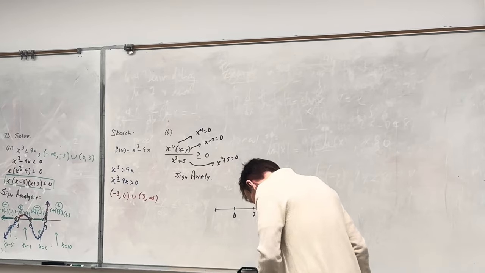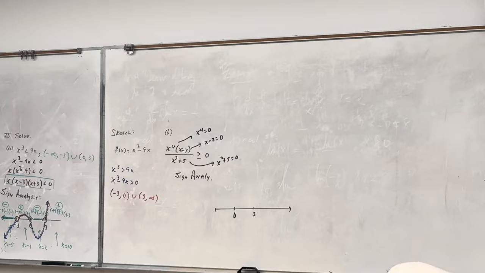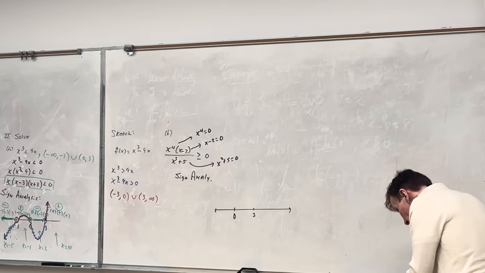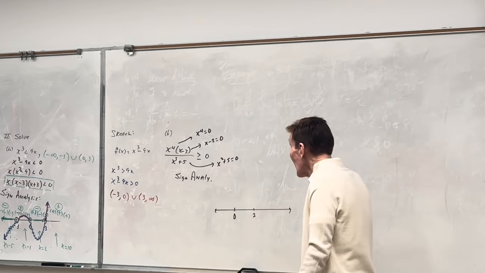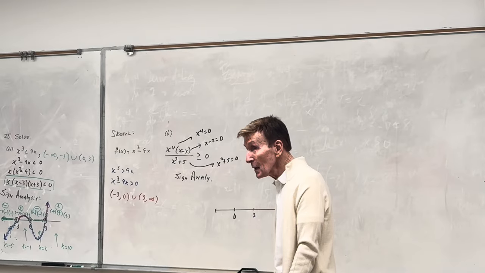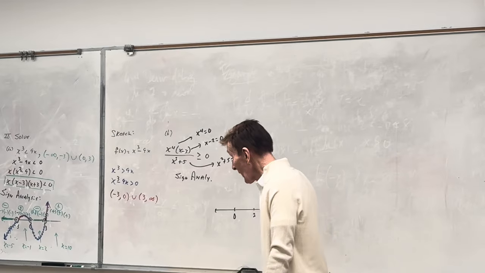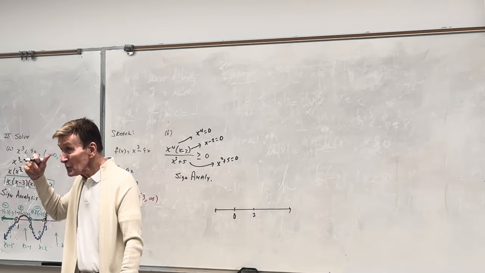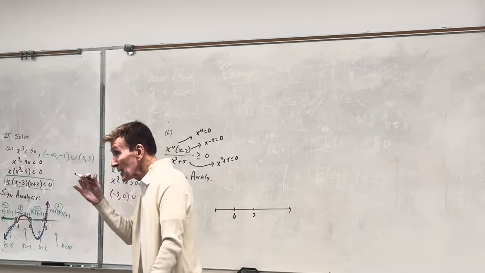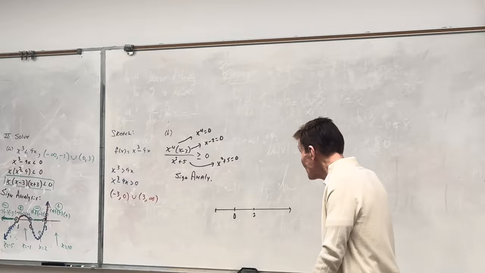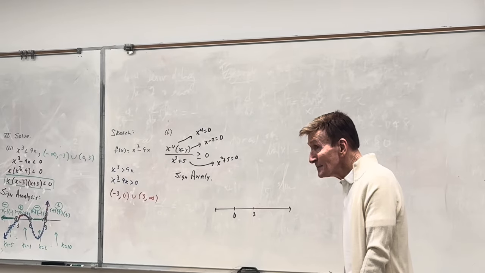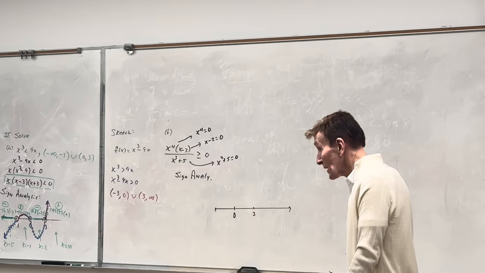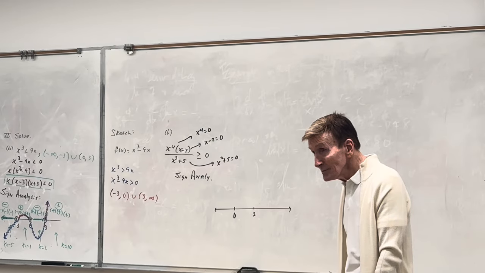Now, question. Should they be open, closed, or what here? 0. Should it be open, closed? Because in this one, all 3 were open. Now, I notice I threw an equals mark on this problem. So something might be closed. Any ideas? Should I darken in both those? Could they be included?